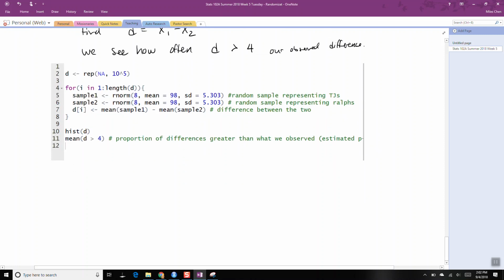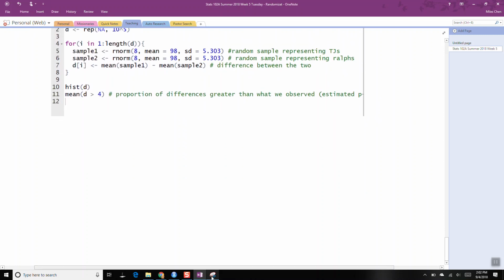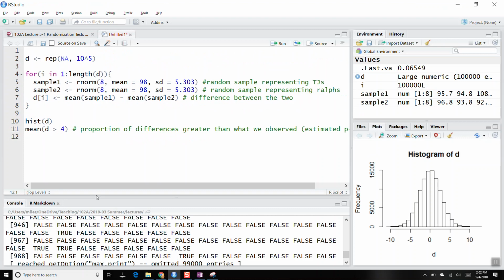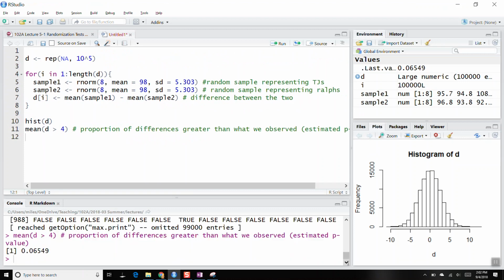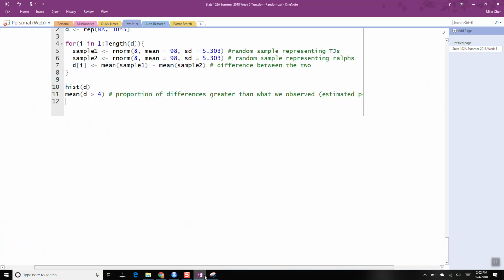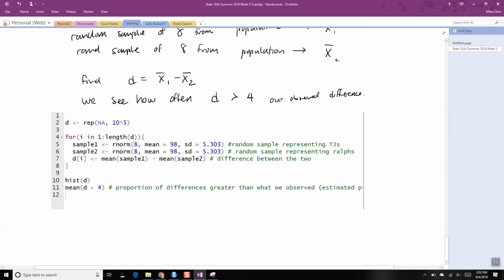All right, so anyway, there you go. And this is what we get. Okay, so that's a parametric bootstrap test. Does that kind of make sense, how that all worked, the logic and the reasoning behind this? So we're not using any central limit theorem stuff.